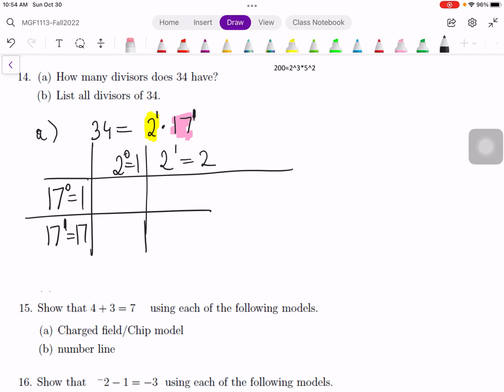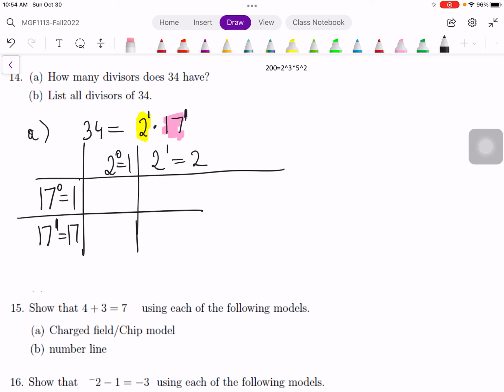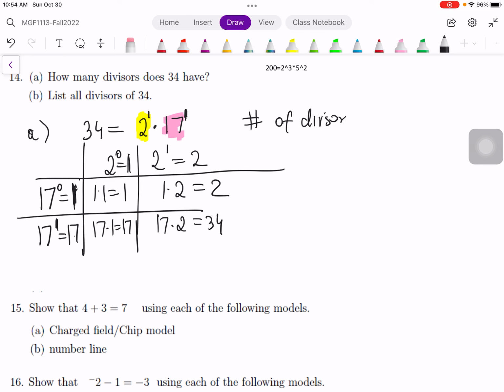So then you do all possible products. This is 1 with 1, 1 with 2, 17 with 1, and 17 with 2. Those are all possible divisors. And the number of divisors always follows this formula: you increase each power by 1.